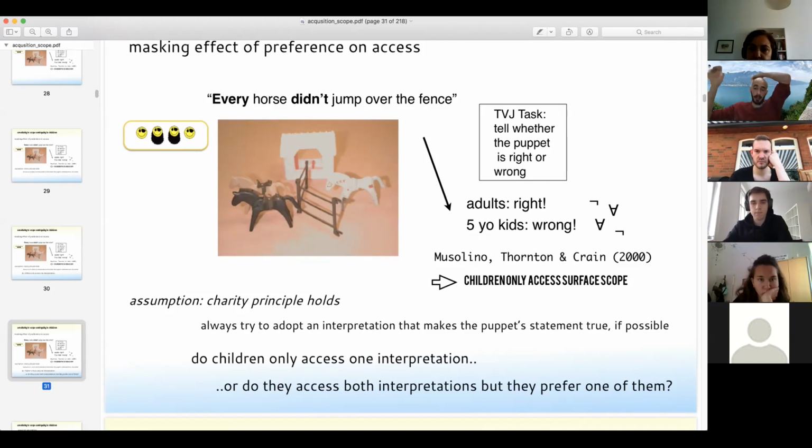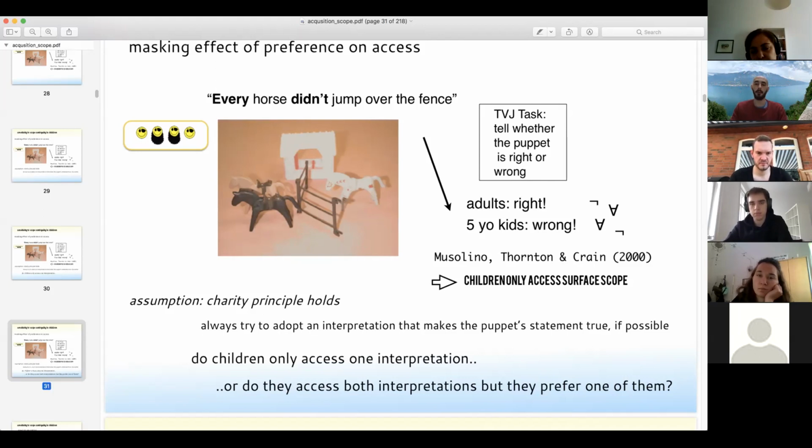But there is also another possibility, which is that they can access both, and maybe both are equally difficult for them, but for some crazy reason that we don't know, they would prefer one, right? Maybe they prefer a context in which all the characters either do something or they don't do something.